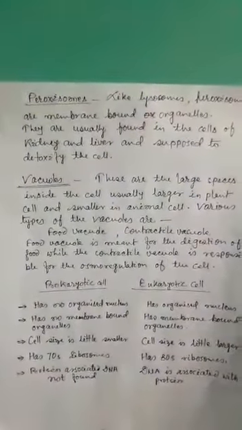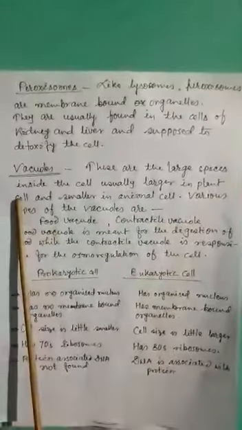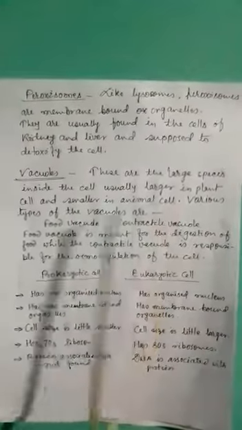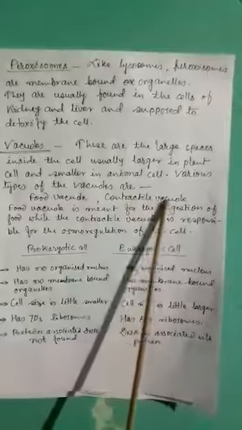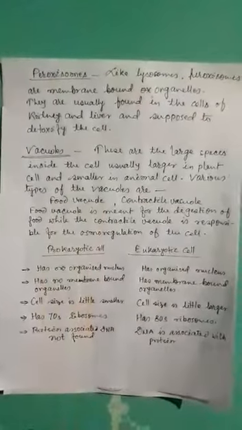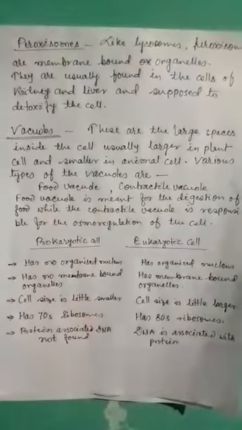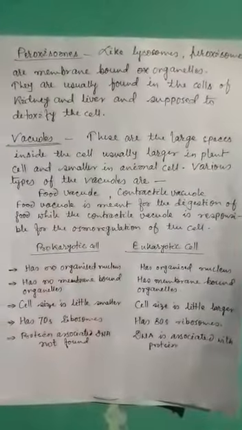These are large spaces inside the cell, usually larger in plant cell and smaller in animal cell. Various types of vacuoles are there. One is the food vacuole, the other is the contractile vacuole. Food vacuole is responsible for the digestion of food. You must have seen it in amoeba.